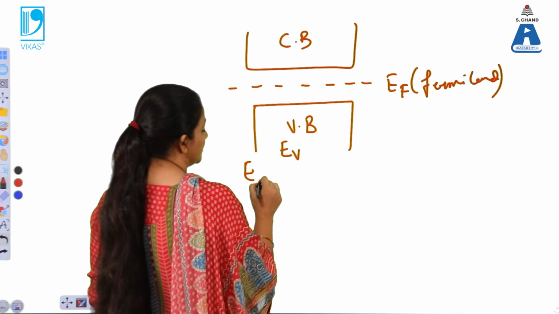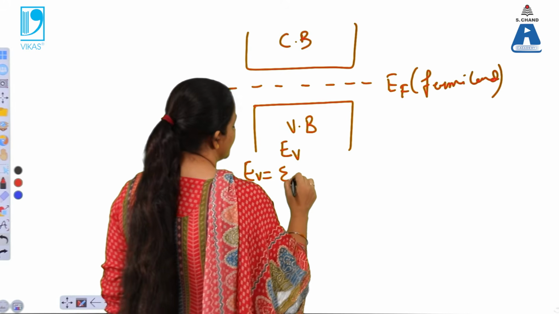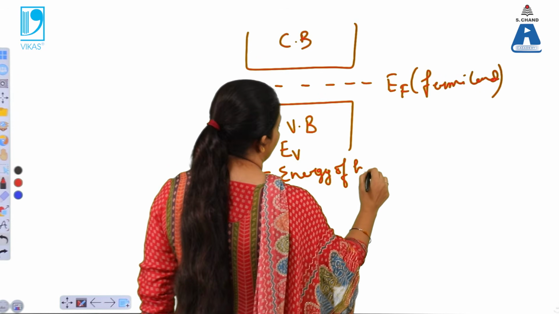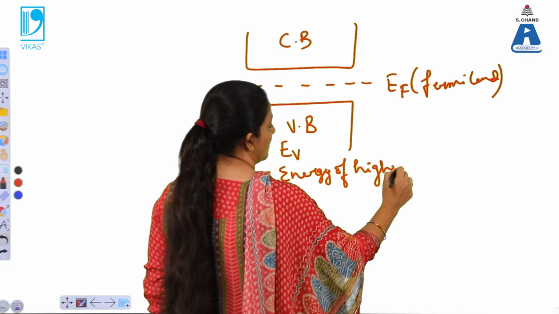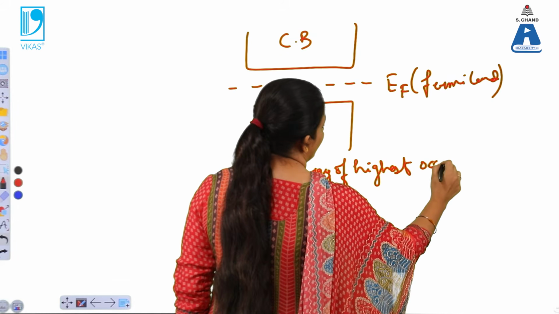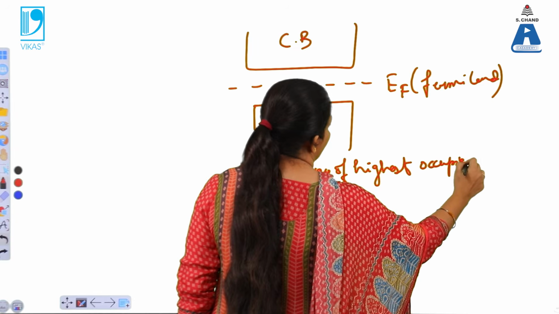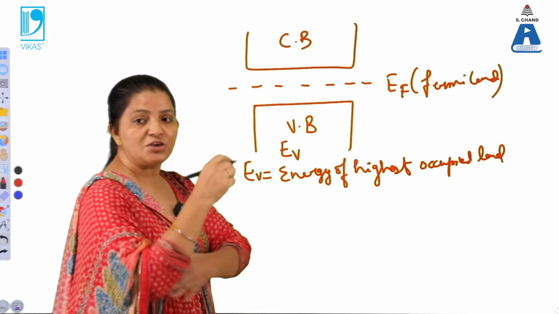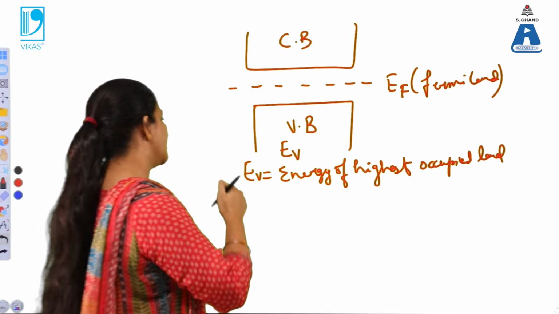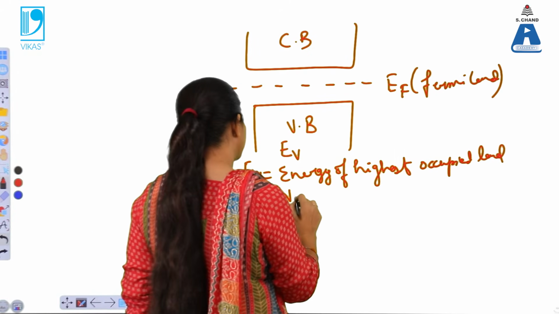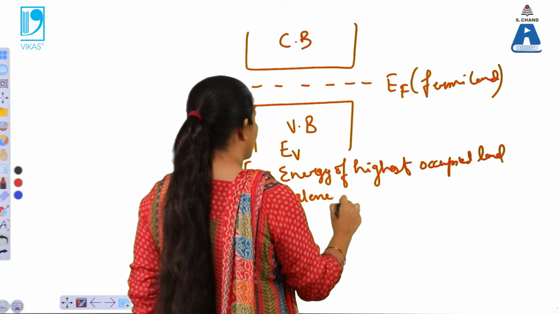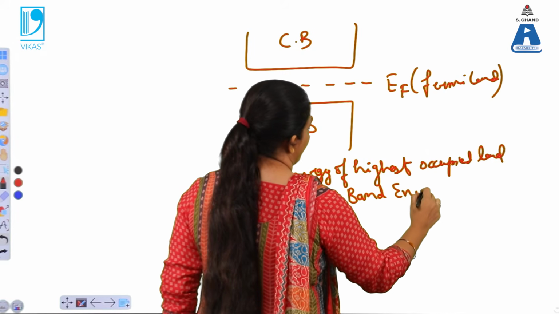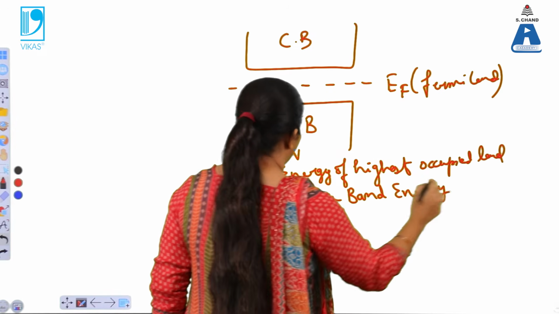So EV is known as the energy of the highest occupied level. That energy is known as EV, or as the valence band energy. Okay.